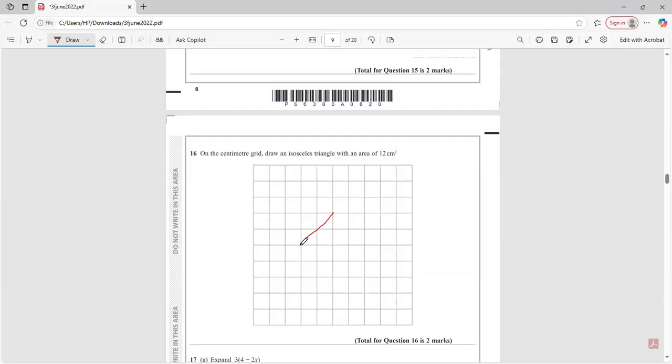This is a thing of gauging. So just pretend what I'm drawing is a straight line, halving each of these squares by passing through that diagonal.